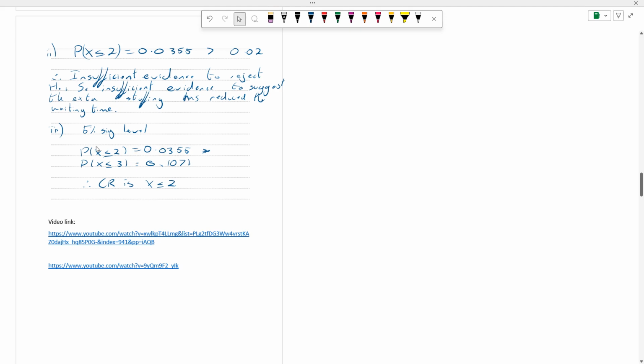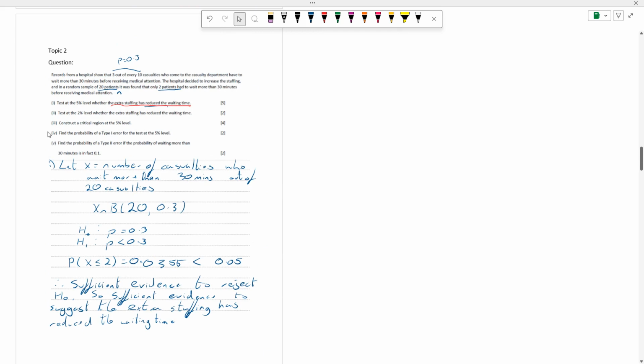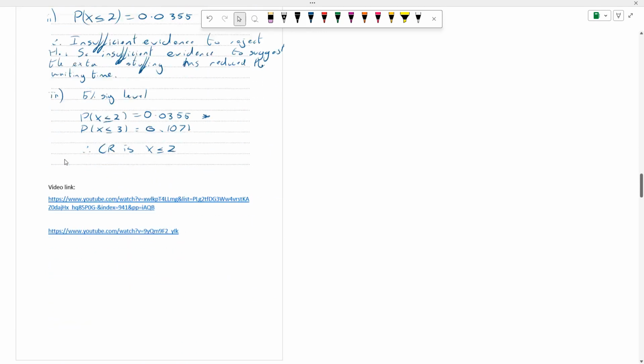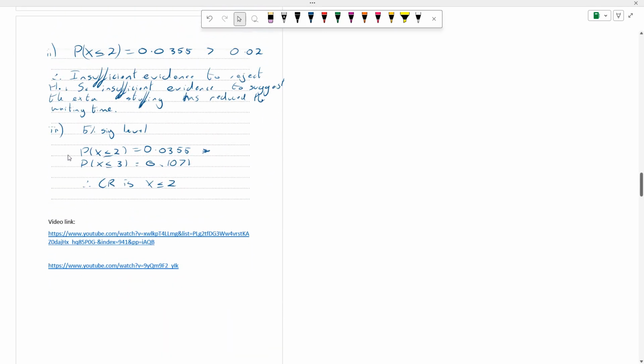Now, parts 4 and 5, we're talking about these type errors. We've got two types: type 1 error and type 2 error. So we'll write a little bit extra about these. For part 4, I'm looking at a type 1 error.